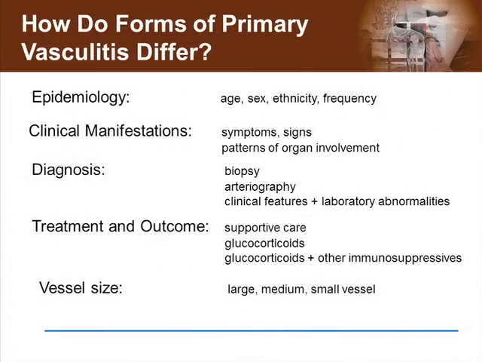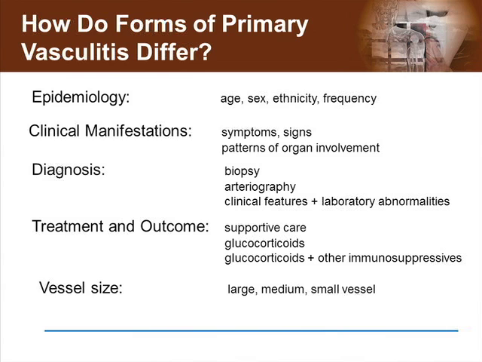An important question is how do different forms of primary vasculitis differ? There may be different features in terms of epidemiology, such as age, gender, ethnicity, or frequency. Different forms of vasculitis may be characterized by different clinical manifestations and patterns of organ involvement.